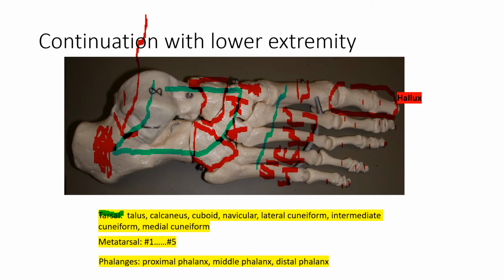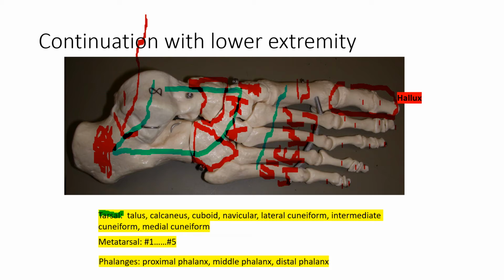Now, the remaining 3 are the cuneiforms, but they are named based on the locations where they are found. So you have the lateral cuneiform, the intermediate cuneiform that sits in between, and the medial cuneiform, which is inside.